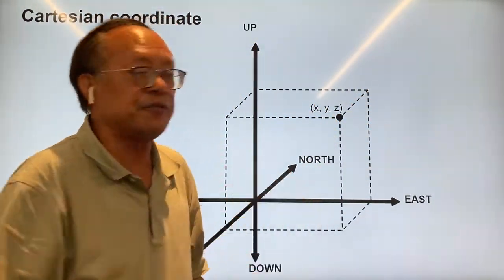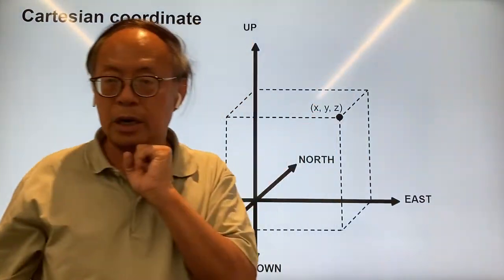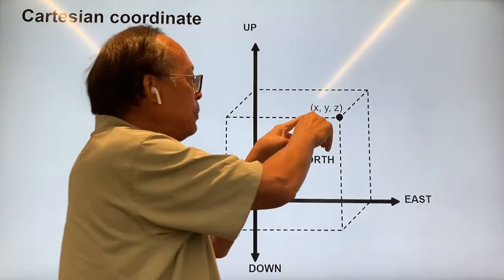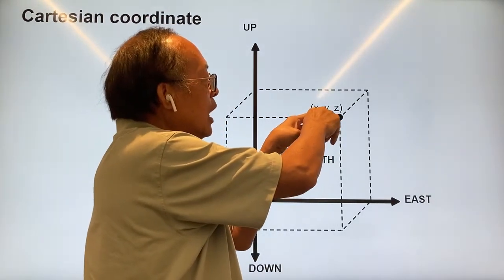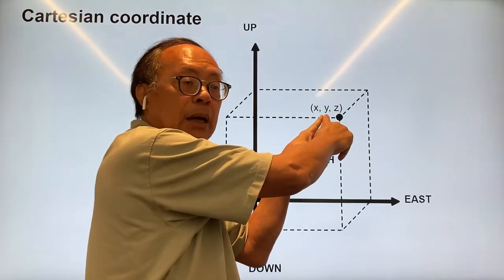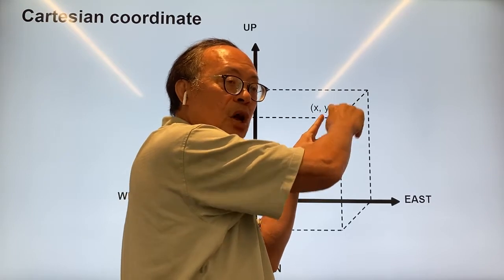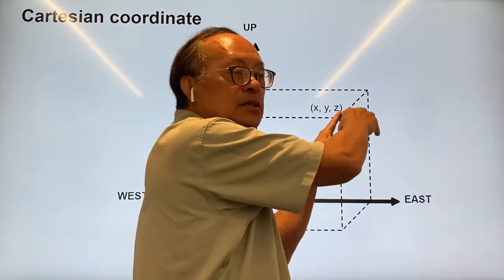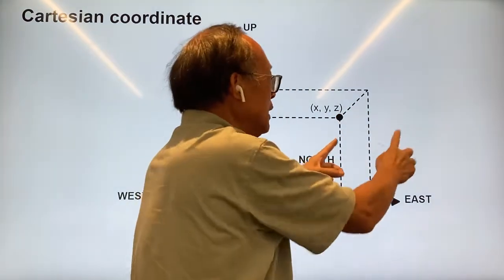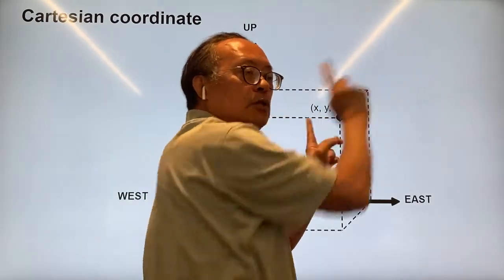So what you have is you can measure the distance between P1 and P2 by subtracting off the coordinates. For example, it would be x2 minus x1, the whole thing squared, plus y2 minus y1 squared, plus z2 minus z1, the whole thing squared, would be equal to the distance between the two points P1 and P2 squared.